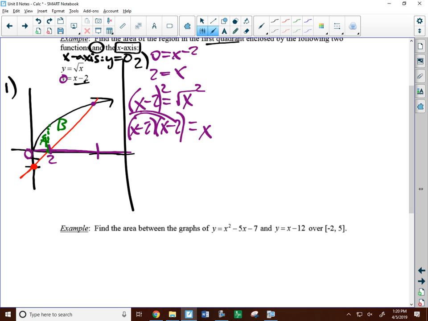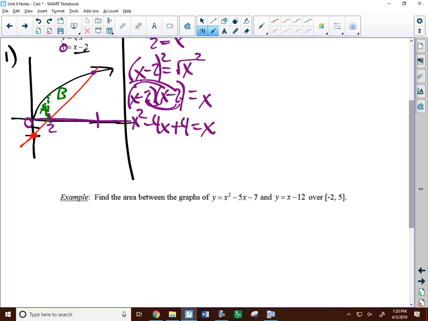Okay. So I FOIL, I get x squared, negative 2x and negative 2x is negative 4x, and then a positive 4. And so it becomes a factoring question here in a second. So subtract x, I'll get x squared minus 5x plus 4, equals 0.